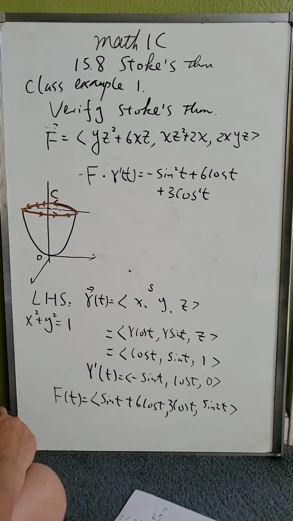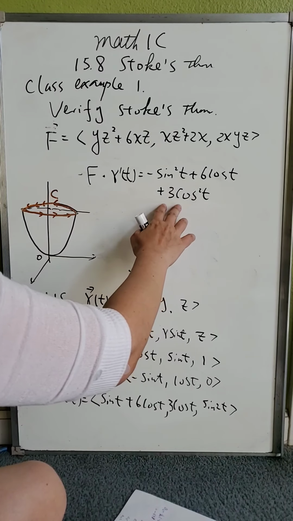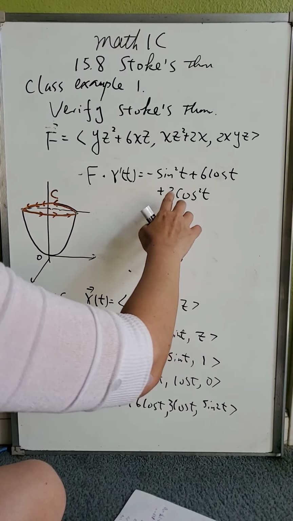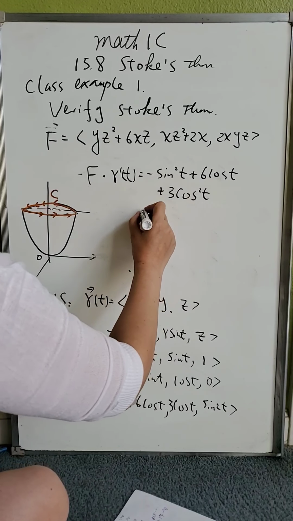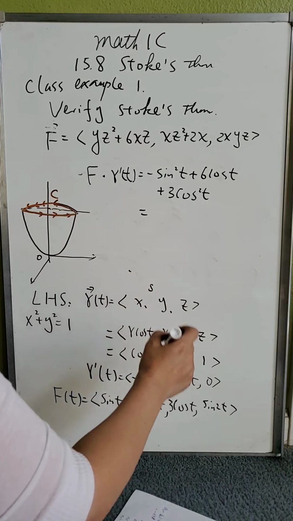So then I'm going to simplify this one. I made this one to be 1 minus a sine square T.